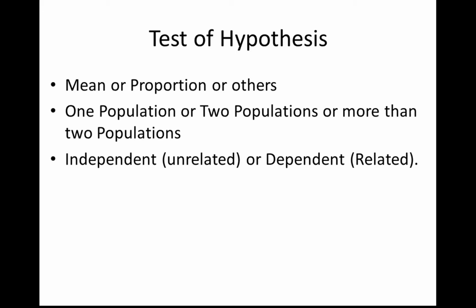One is the residential district, one is the commercial district. So these would be considered the independent case. So right now I'm dealing with a test of hypothesis about the mean of two independent populations.